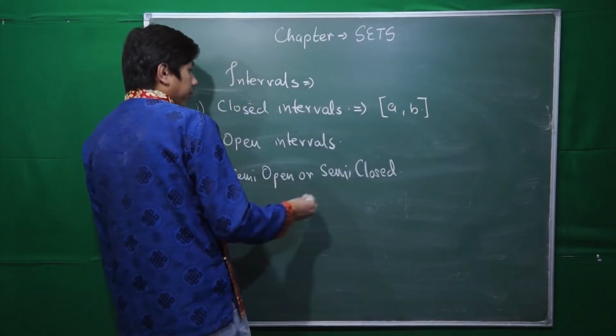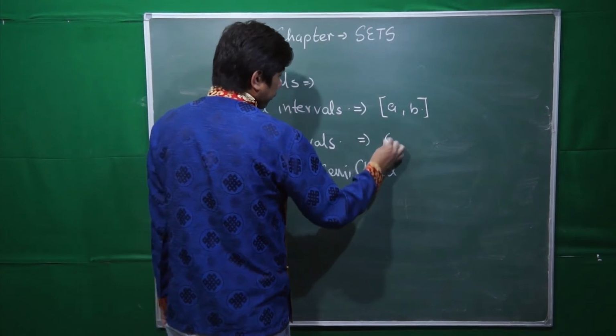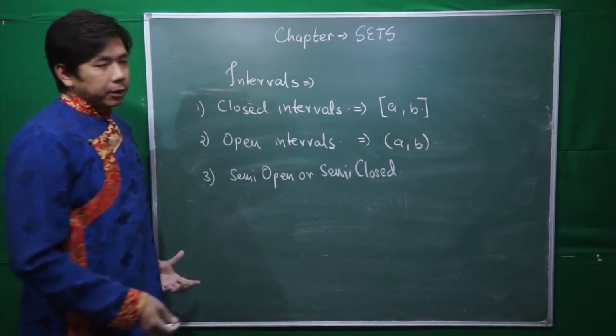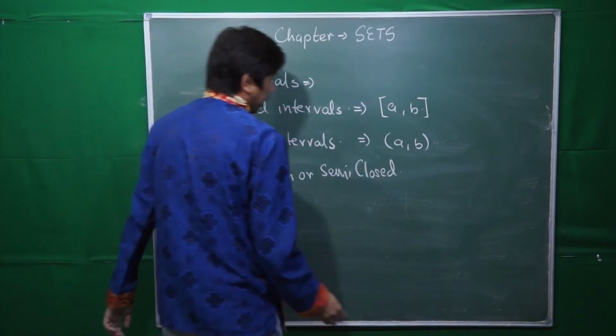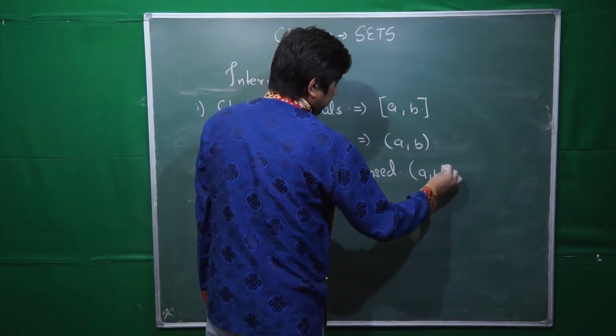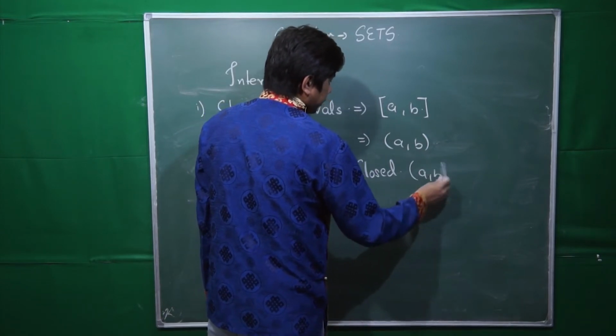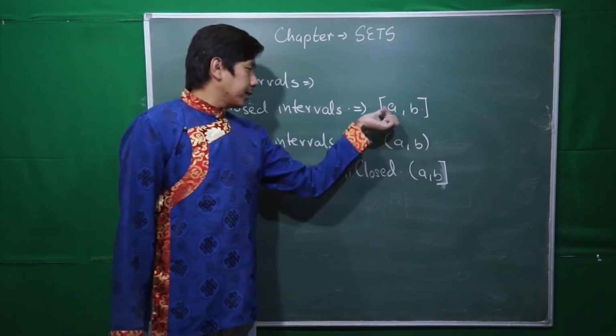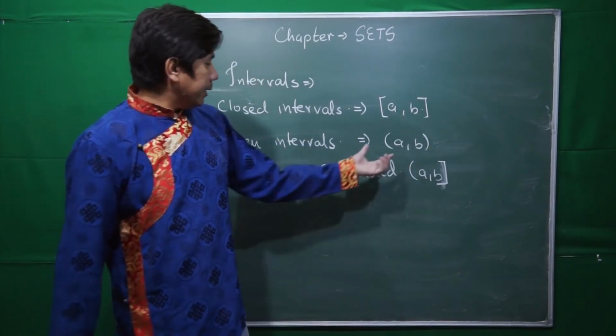Okay, and for open intervals, we represent it through round brackets, a comma b, and then for semi-open or semi-closed, we represent it as a mixture of both the brackets, a comma b. This one would be closed. Okay. Now, what does this imply? This square bracket and the round bracket.